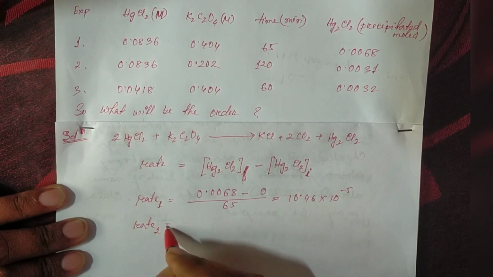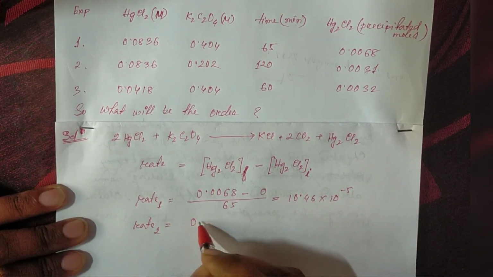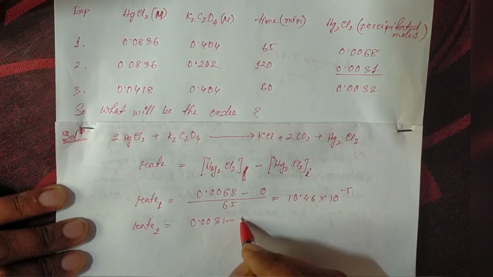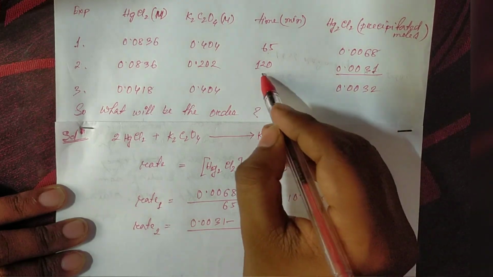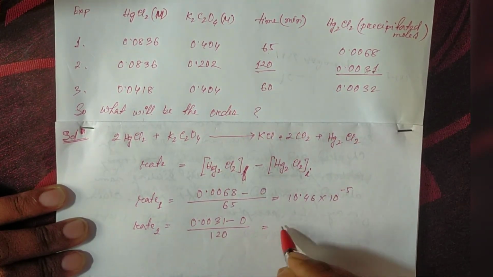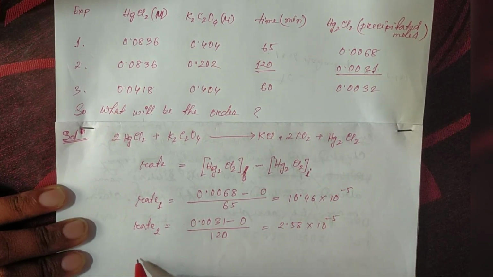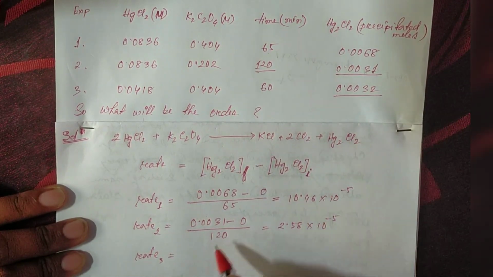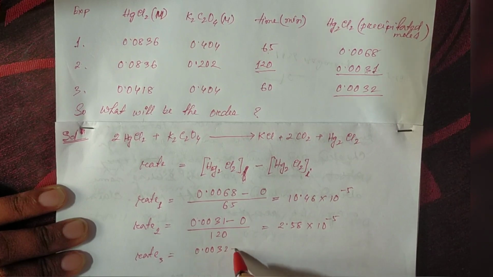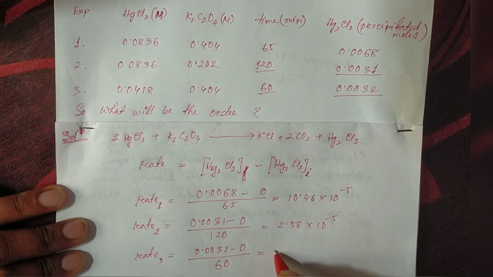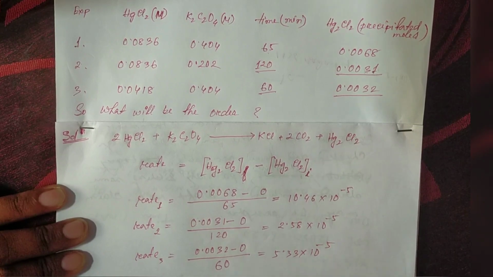Next, the rate for the second experiment is 0.0031 minus 0, and time is 120, so it will be 2.58 into 10 to the power minus 5. And the rate for the third experiment is 0.0032 minus 0, and time is 60, so it will be 5.33 into 10 to the power minus 5.